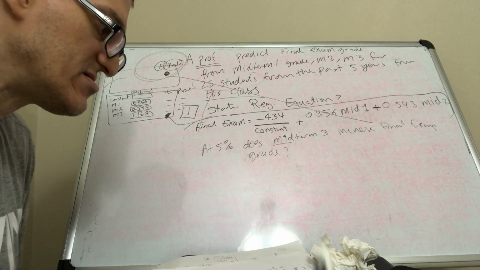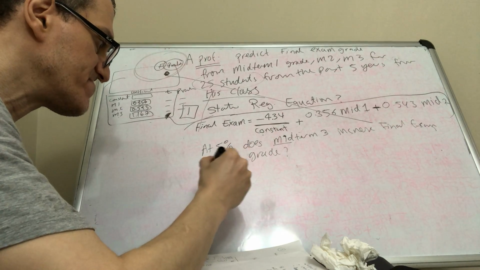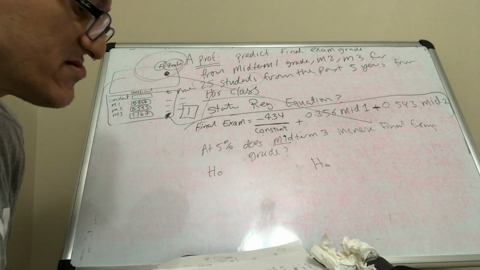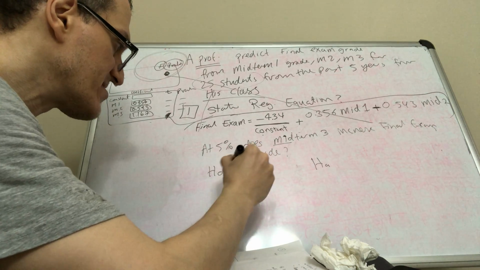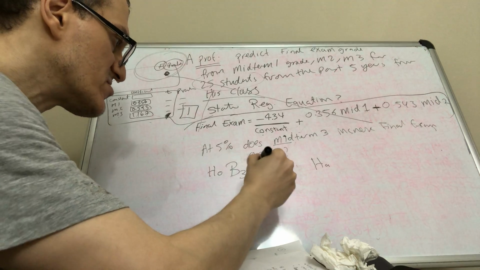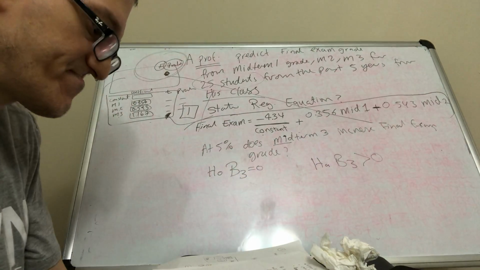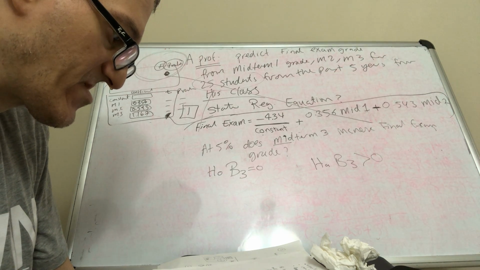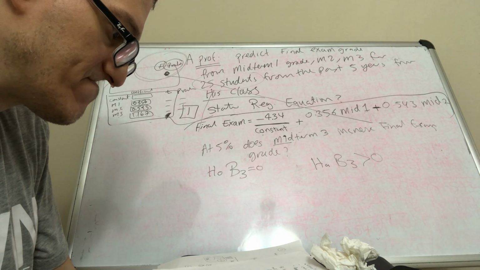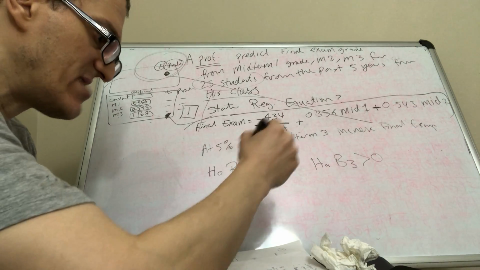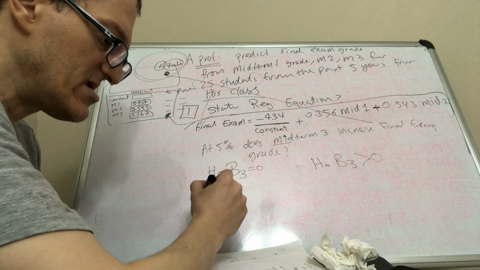So first, we put the hypotheses for H0, HA. Since this is midterm 3, you say B3 equals 0, B3 more than 0. And you define the parameter for this one.